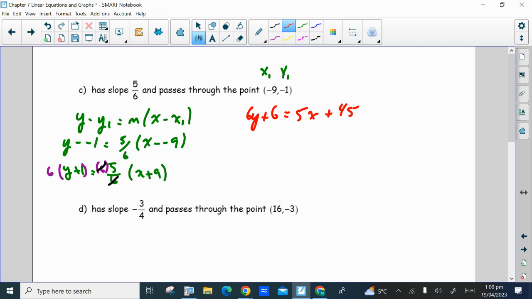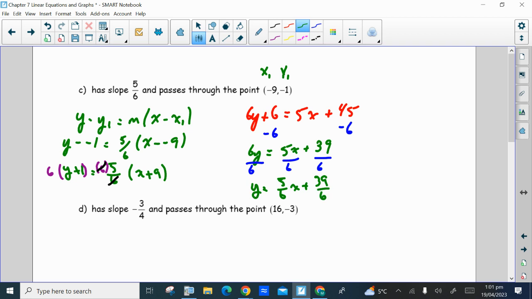We're asked to write this in slope-intercept form, so we need to get y by itself. Subtract 6 from both sides, and you'll get 6y equals 5x plus 39. And then we would divide both sides by 6, and that gives us y by itself. 5/6x plus 39/6.